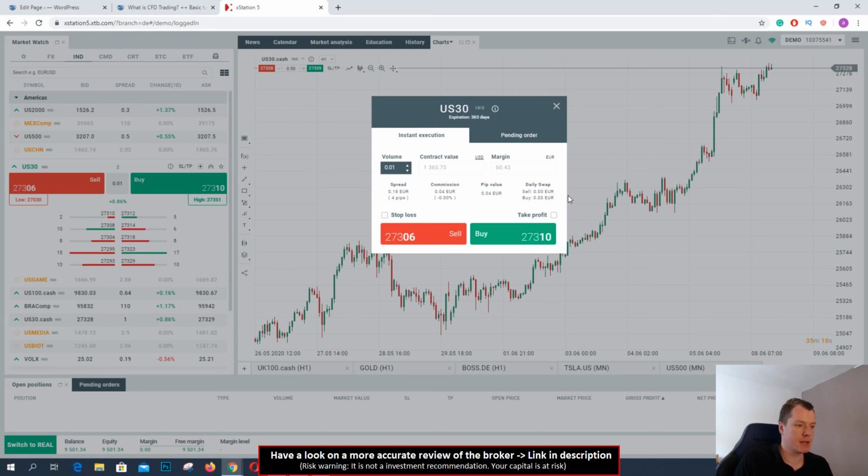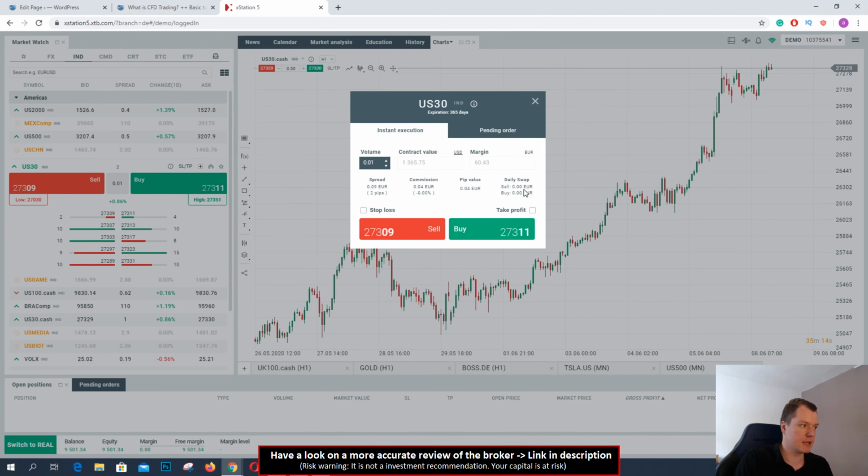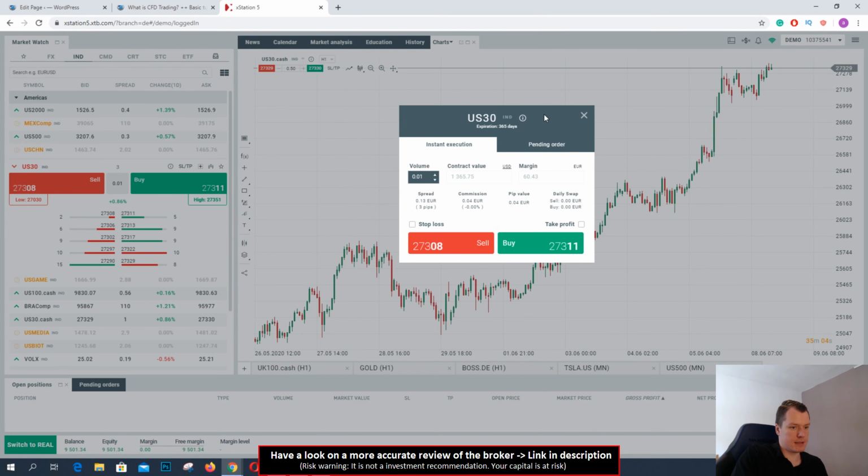This is the daily swap. This broker doesn't use a financing cost fee here for this asset at this time. Okay, these are the core facts of CFD trading.